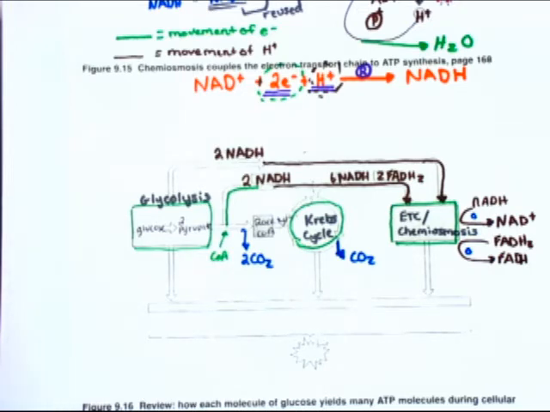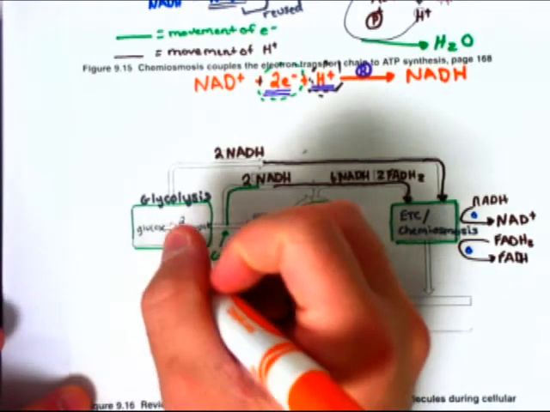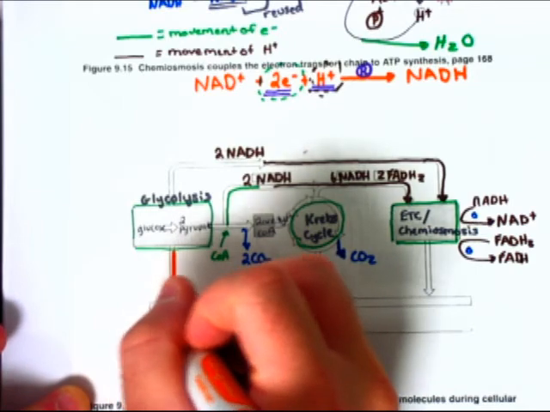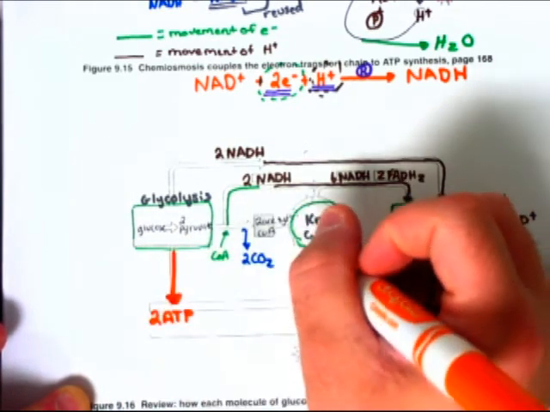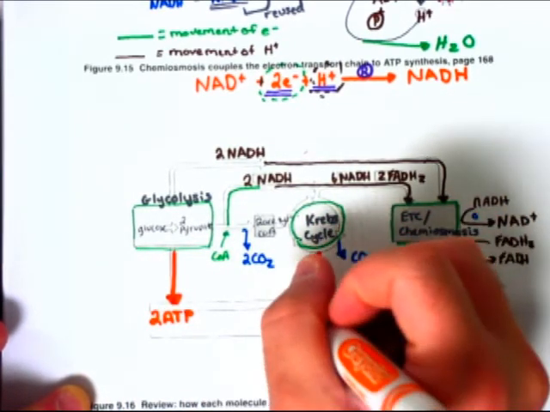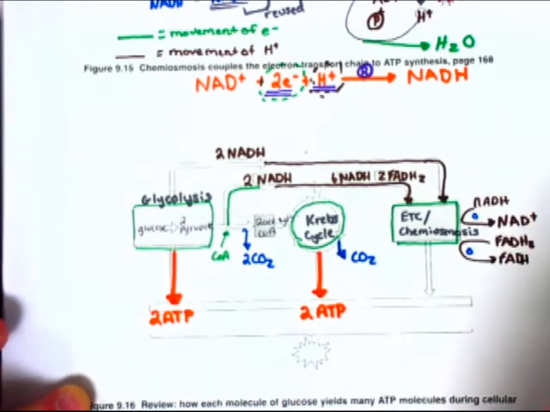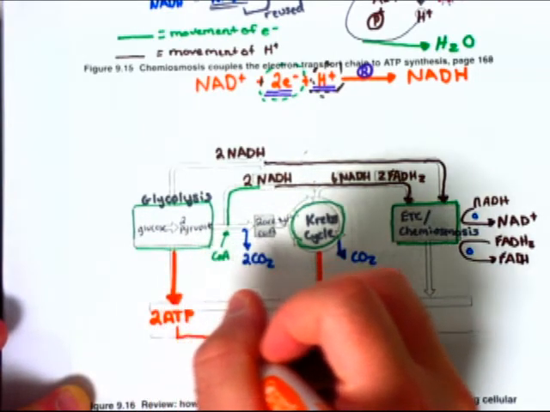Cool? Now remember that along the way, you've been generating energy. How many ATP did we make at this point? 2 ATP. How about how many ATP here? 2? 1 for each pyruvate or acetyl-CoA. What type of ATP production was that?